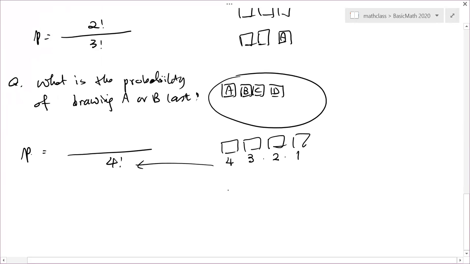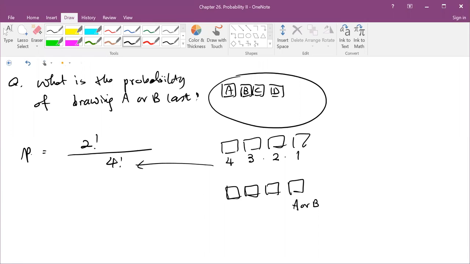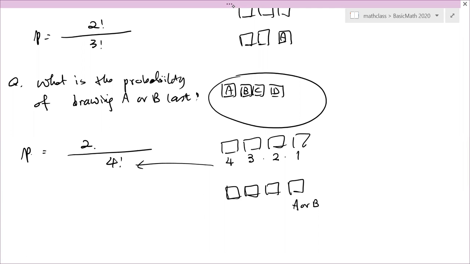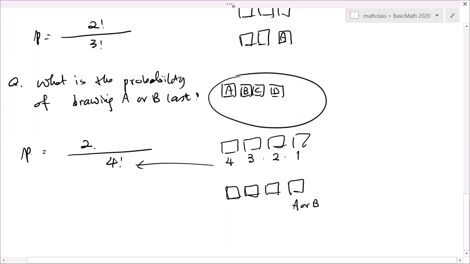For the numerator, the last one is either A or B. So you have to pick one for the last one, right? So either A or B, so it's 2 choices. Not 2 factorial, just 2. It's the same number, but it's a different meaning.